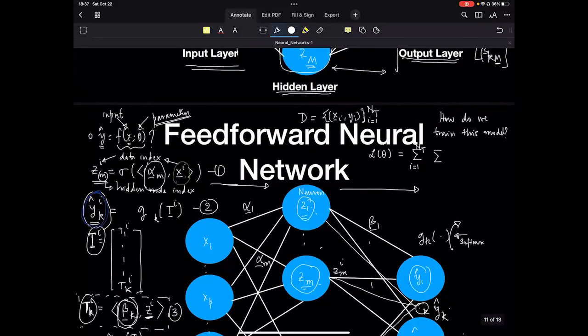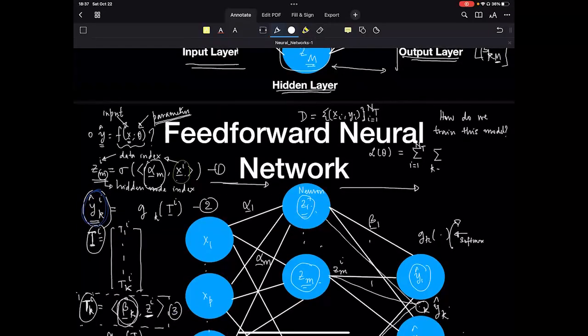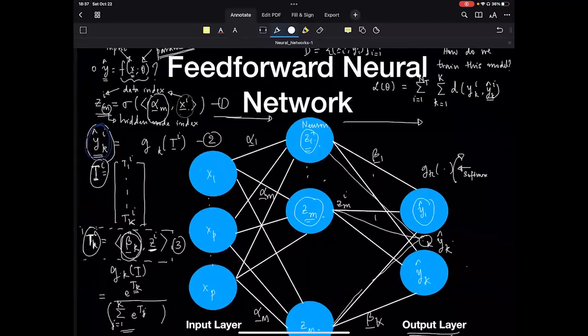So I'm going to sum, say, let me call this K, going from 1 to capital K, the error between Y_ik and what? Can you please fill in this blank here? Y hat. Excellent. So Y hat_ki. Okay. Now we'll simply expand this.